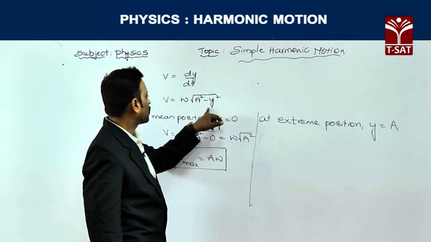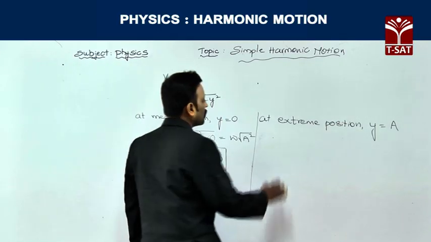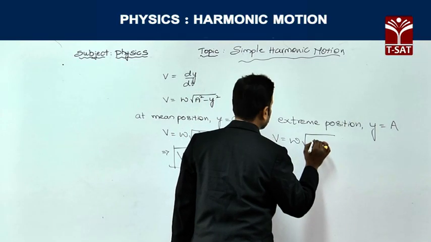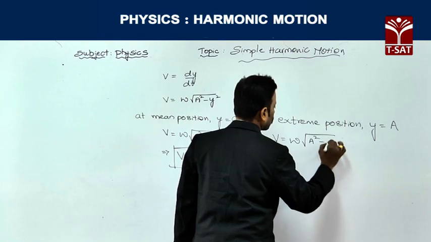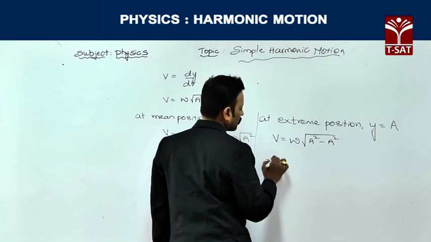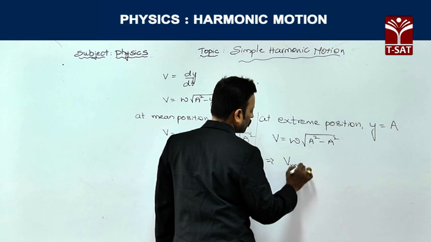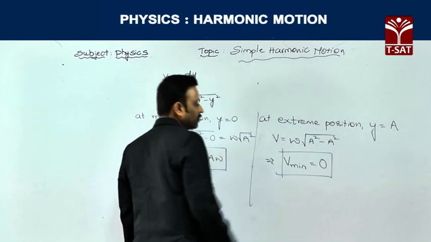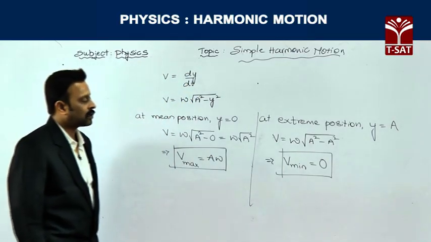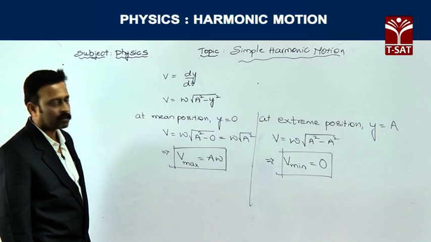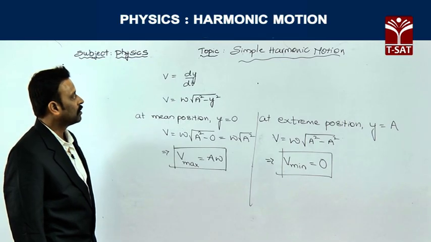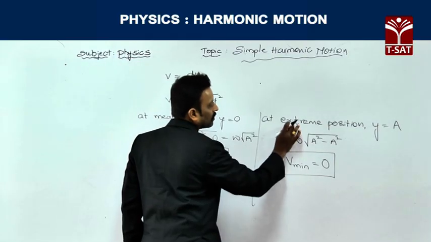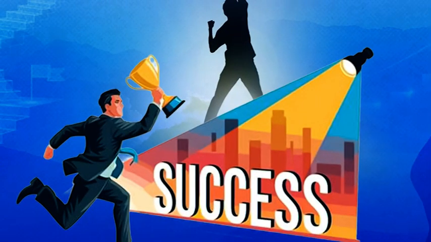If we substitute y is equal to a in this equation, we get v is equal to omega under root a square minus a square. That is v minimum is equal to 0, which suggests that the velocity of a particle is minimum in simple harmonic motion when the particle is at extreme position.